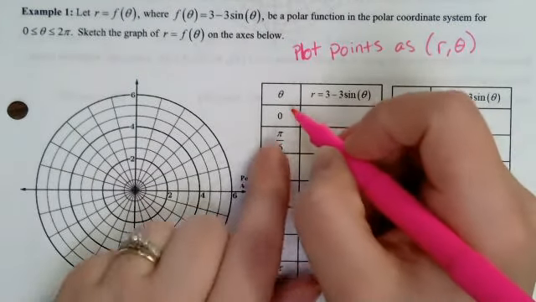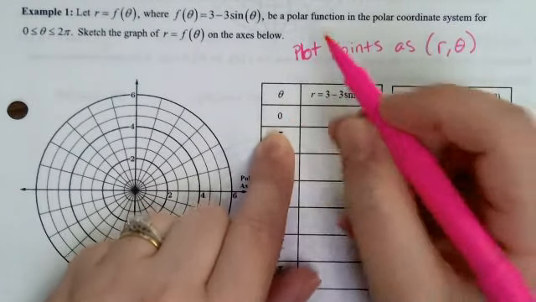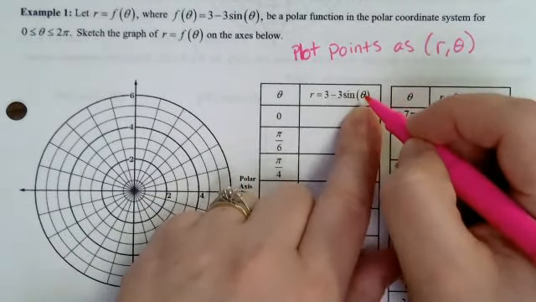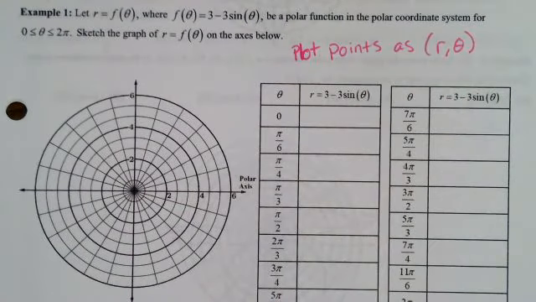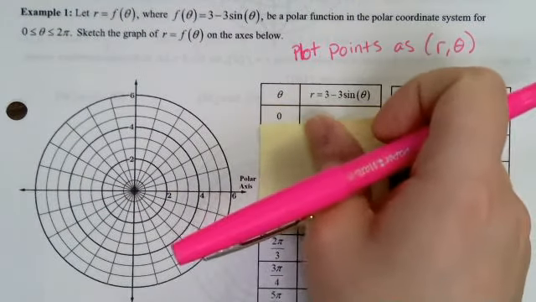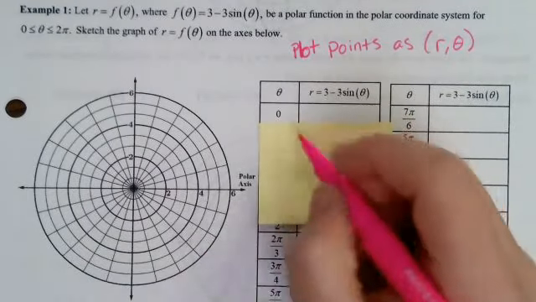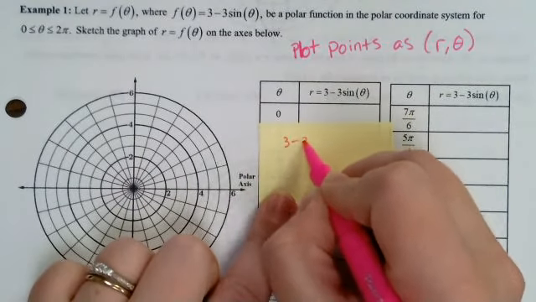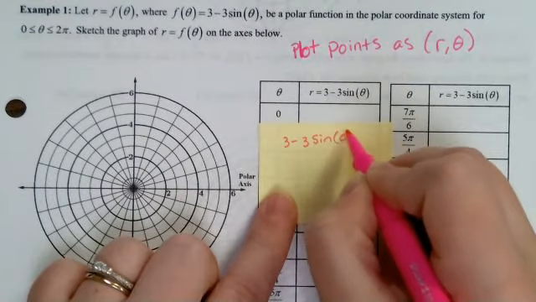Okay, so let's take a 0 and plug that in. If I plug 0 in for theta, you'll be calculating sine of 0. So I'd be looking at 3 minus 3 sine of 0.